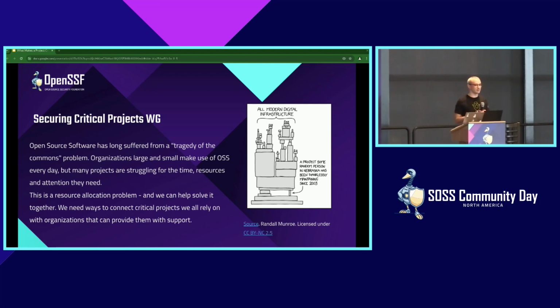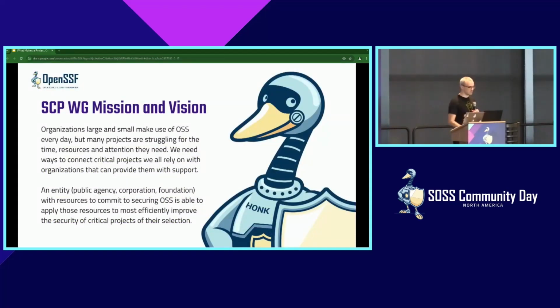Resources can be lots of different things: money, credits, working hours, things like that. We've distilled that overall guidance into a mission and vision for our working group. So here's, again, the text. Not going to get deep into it, but at a high level, these projects are critical.